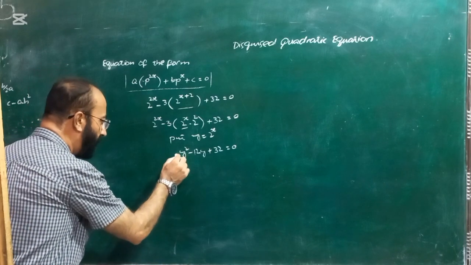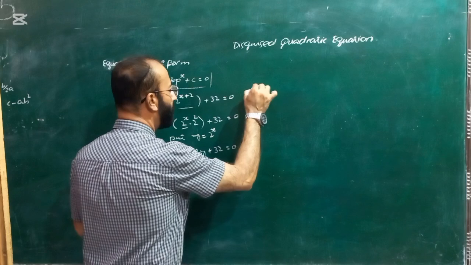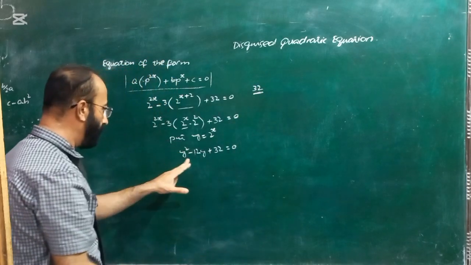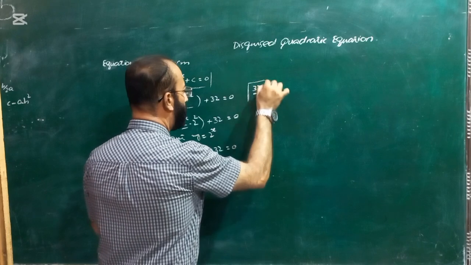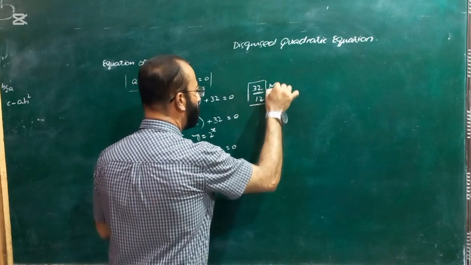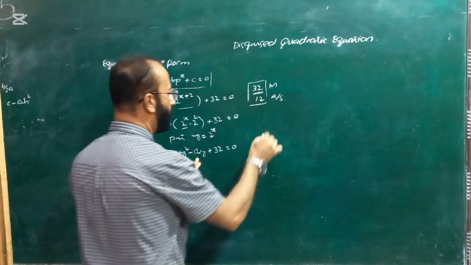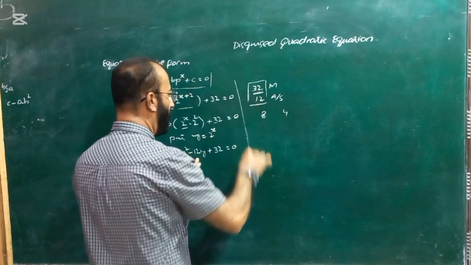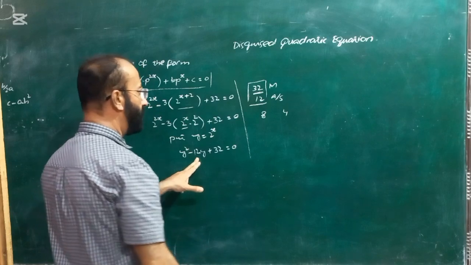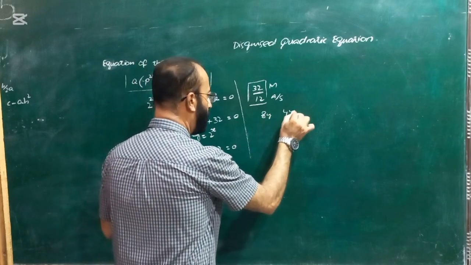So multiply the coefficient of the first one with the last one, so 1 into 32 is 32, and the coefficient of the central value is 12. So now think of a pair of numbers whose multiplication is equal to this one, and addition or subtraction is equal to this one. So 8 and 4 are the two numbers. Put the singular variable with these two values.